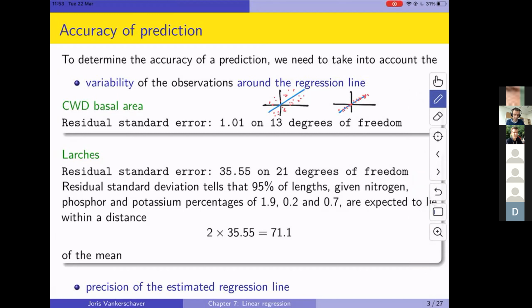For instance, for the basal areas and the riparian tree density, the residual standard error was 1.01. And for the largest example, we had 35.55 for the standard error.